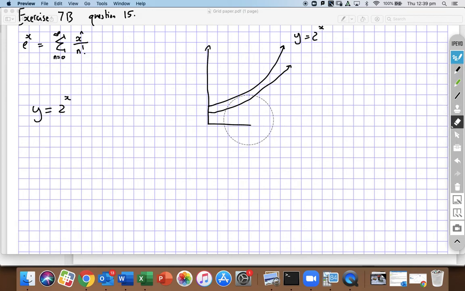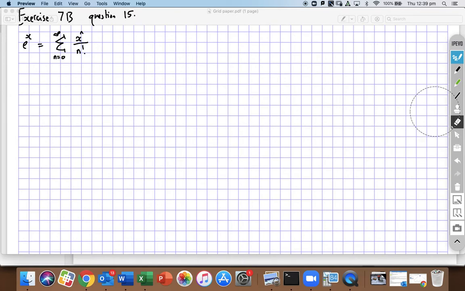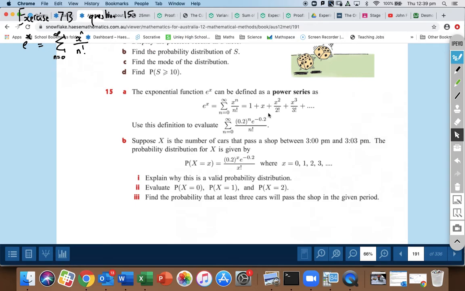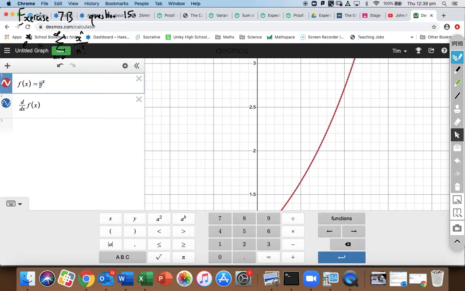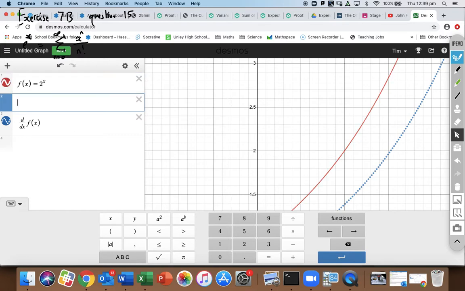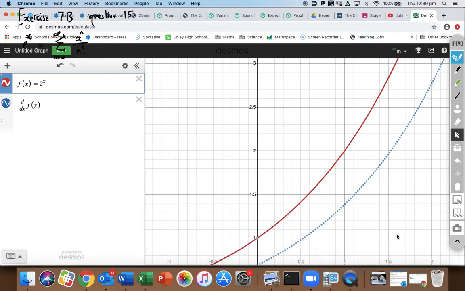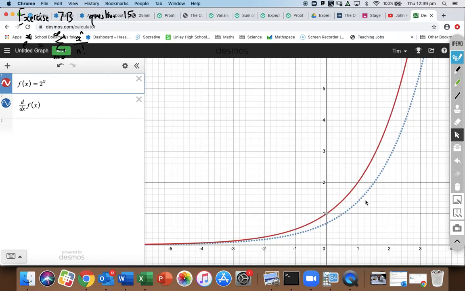In fact, let's do that because Desmos will draw nicer graphs than I will. Have a look. This will be a good revision for you. So I've got this ready to go here. If I had a function y equals 2 to the x, the function here is in red, the derivative is in blue. How do I hide that? There we go. And we might zoom out a little bit, not too much.